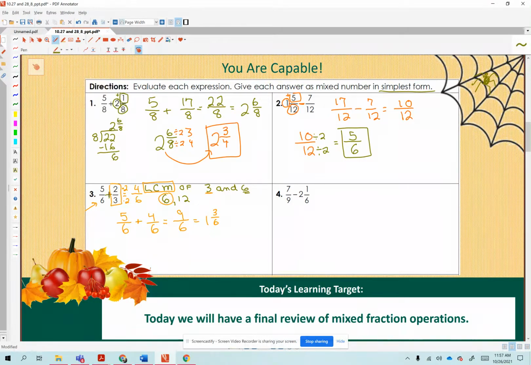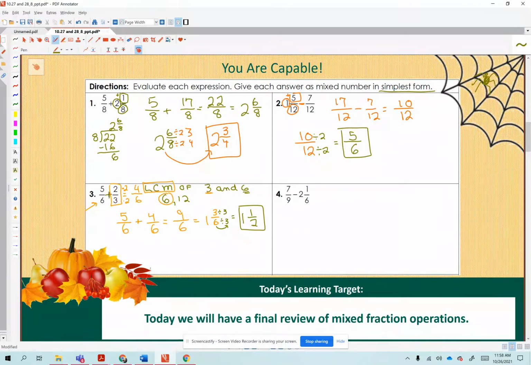But we can divide the 3 and the 6 by 3. They're both divisible by 3, which would give us 1, and 3 divided by 3 is 1. 6 divided by 3 is 2. So that would give us 1 and 1/2 as our final answer.